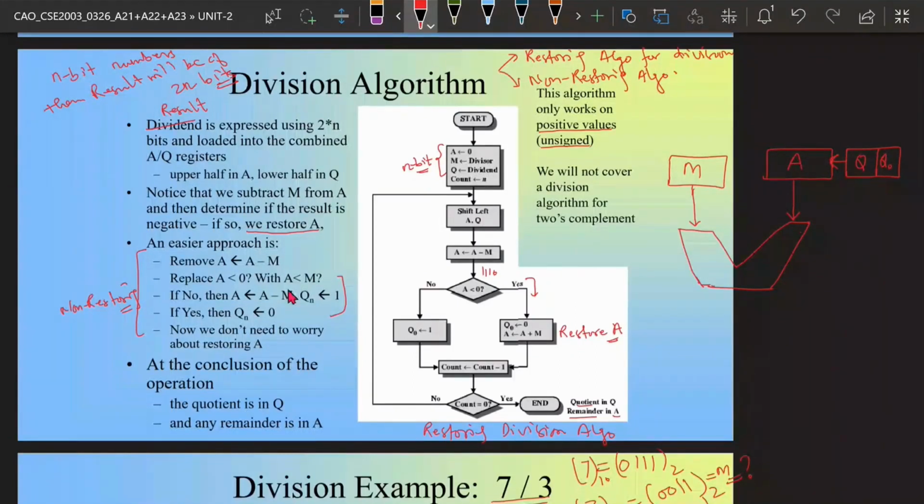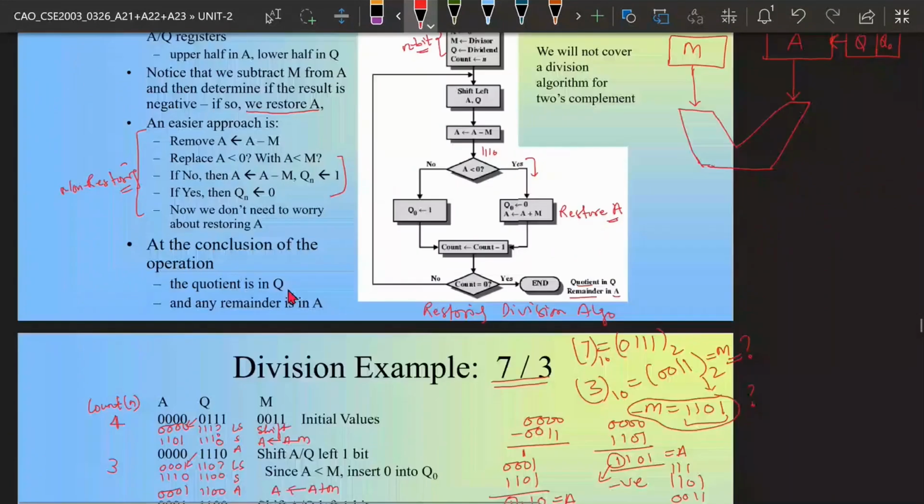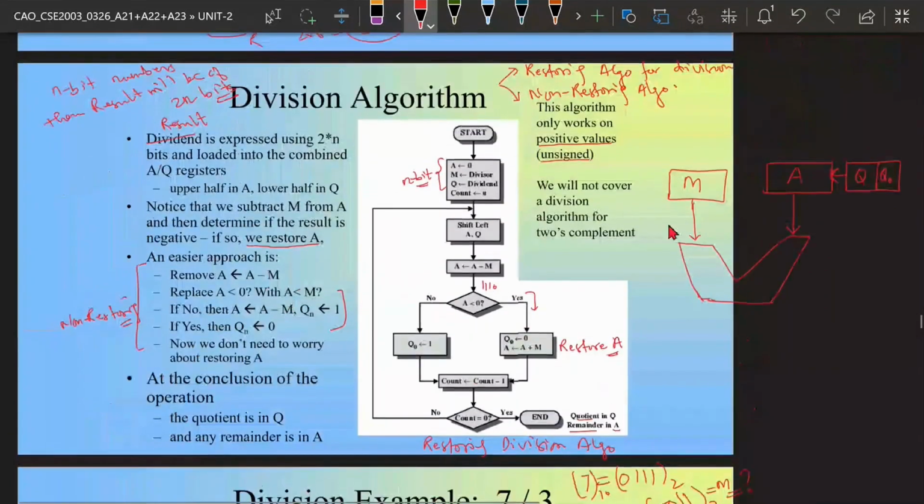For this example, we have used a 4-bit divisor and dividend. So basically, we will be requiring a 4-bit data bus, because a 4-bit accumulator is there, a 4-bit divisor is there, and also the Q, that is the dividend, is of 4 bits.